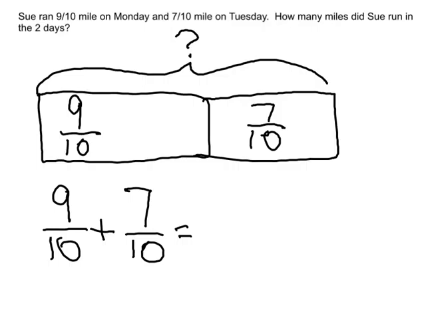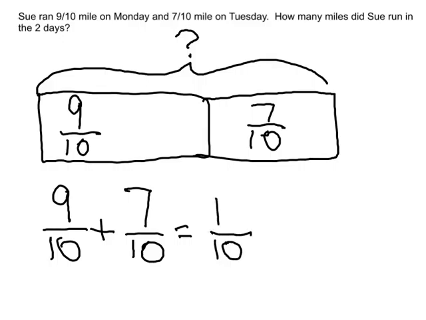So now we've created an equation of 9/10 plus 7/10, and that would equal the total that she ran in the 2 days. So we know that we're working with tenths as a part.